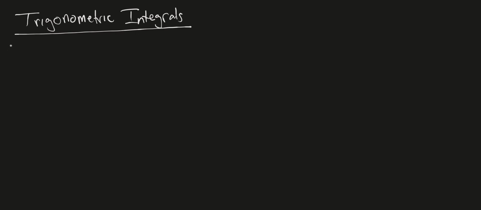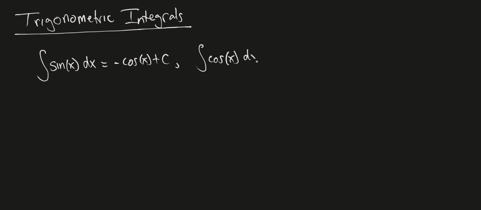All right? Okay, so again, let me just state what we know. The antiderivative of our sine function is negative cosine of x plus c, and the antiderivative of cosine is the sine of x plus c, right?